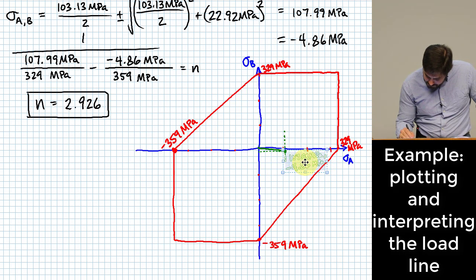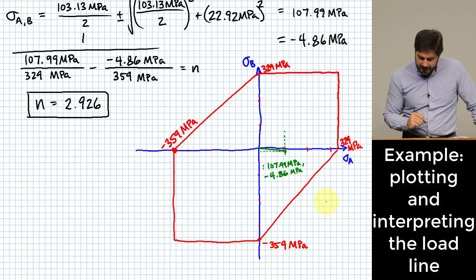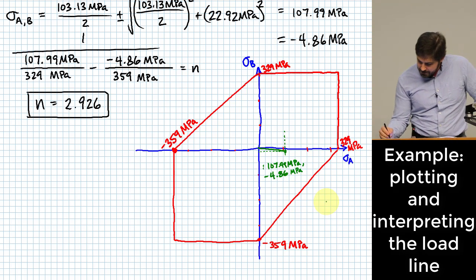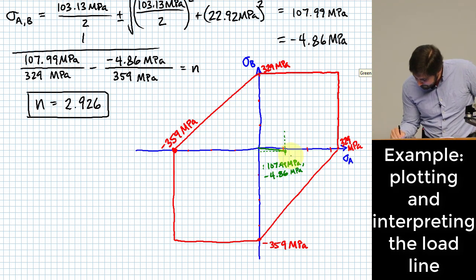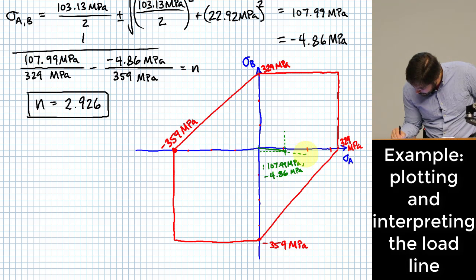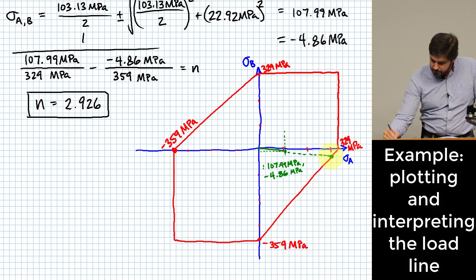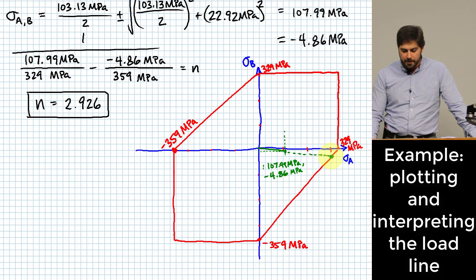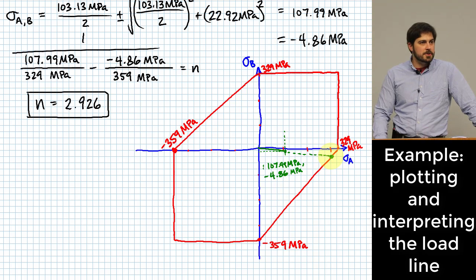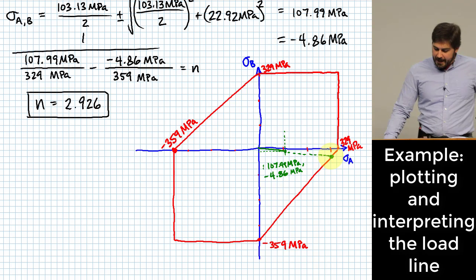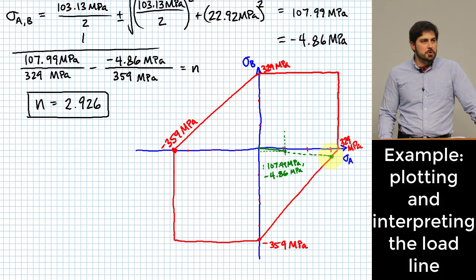Just to reemphasize what the load line means, if I were to extend that load line further along the same direction and look at how long that line would be to get all the way out to the failure locus, the ratio of that longer line over the length of the shorter line would be my factor of safety.